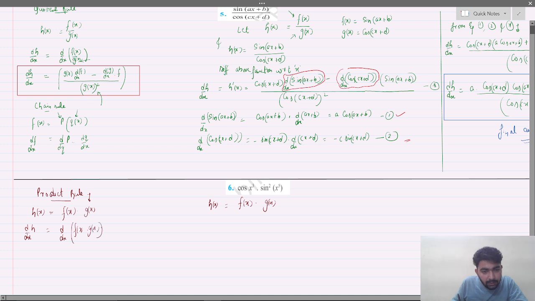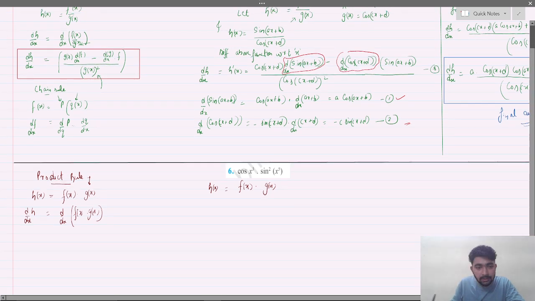How can we find this derivative? You can assume this one first and this one second. Without loss of generality, you can assume g of x as first and f of x as second, it's your choice. There is no condition.